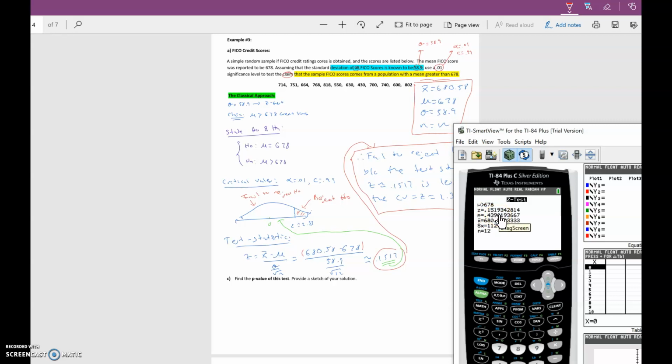0.15. Oh shoot, let me double check this value. Okay, so this 0.1517 is just rounding because we rounded the mean of the sample.